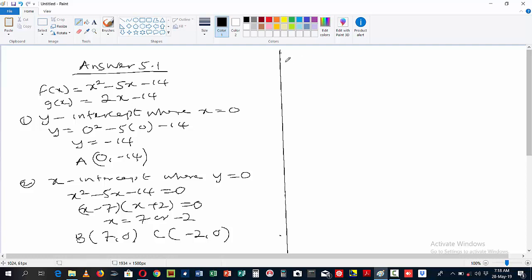Now, the third step is the axis of symmetry, which is also called the line of symmetry. So what is the formula for axis of symmetry? x is equal to minus b over 2a. Let us go back to our original equation.